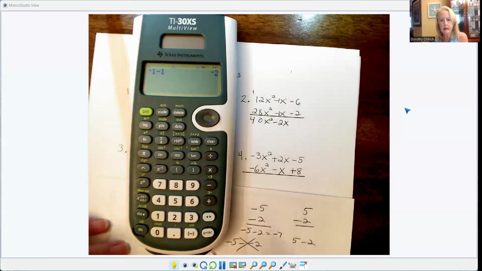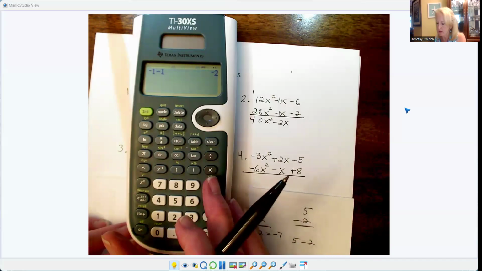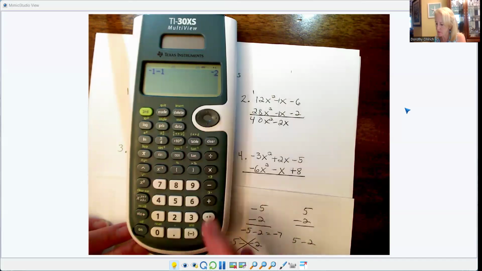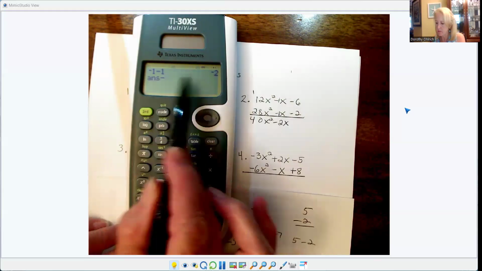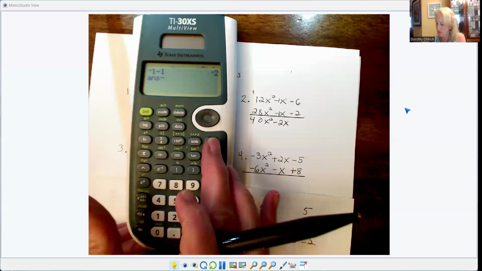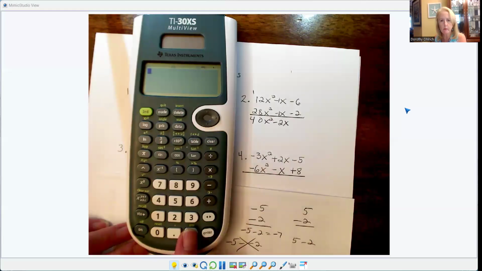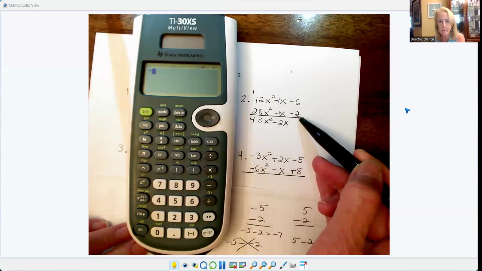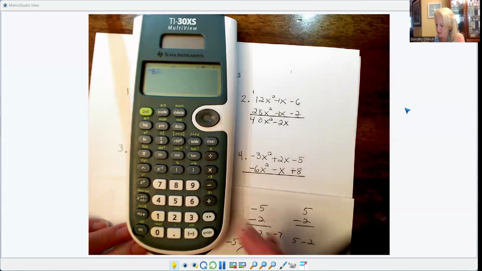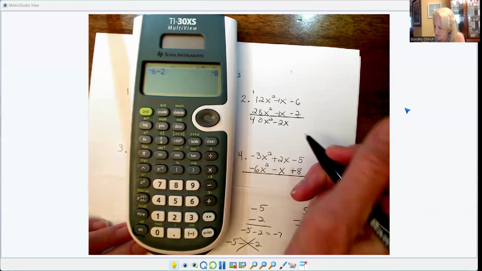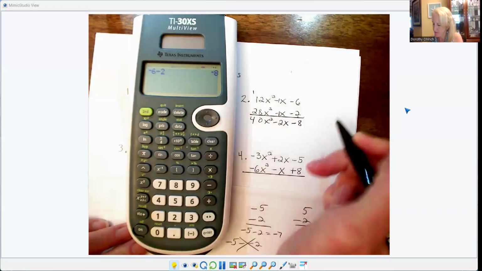What would happen if I, in the calculator, start off with a negative? Notice my answer is negative 2. If I say minus, it's taken the previous answer. I don't want that. So start off on the calculator with a negative sign. Here we have negative 6 minus 2. Negative 8.